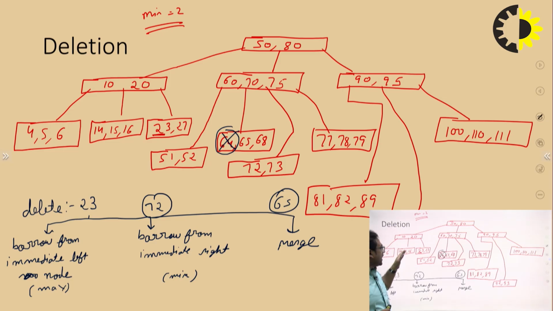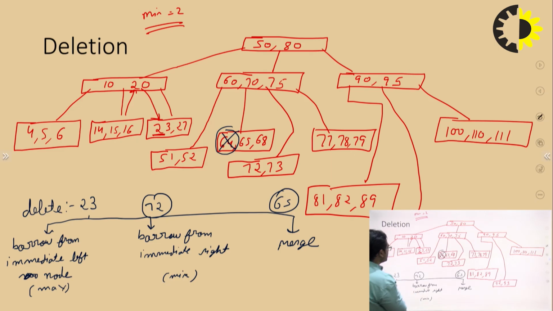If it has more than the minimum, it can give one. But not directly, because there is no path between these nodes. There is a path through the parent. So what will happen? The largest element from the left side goes to the upside, and the parent element goes to the bottom side.